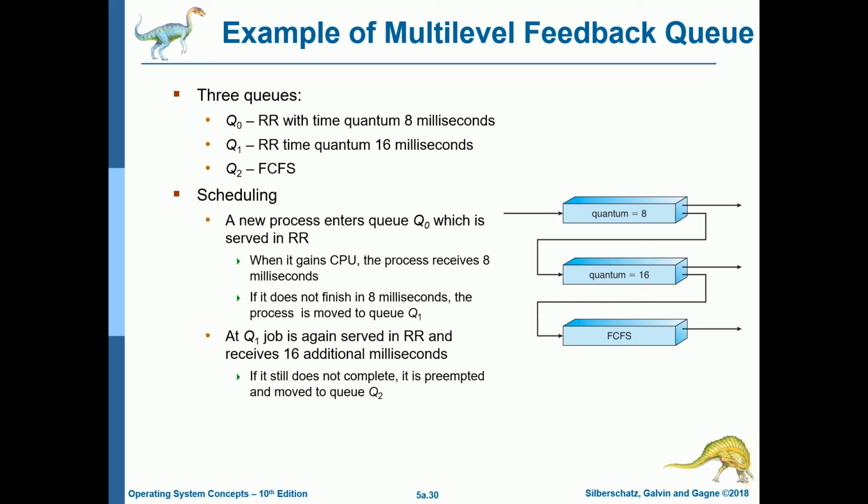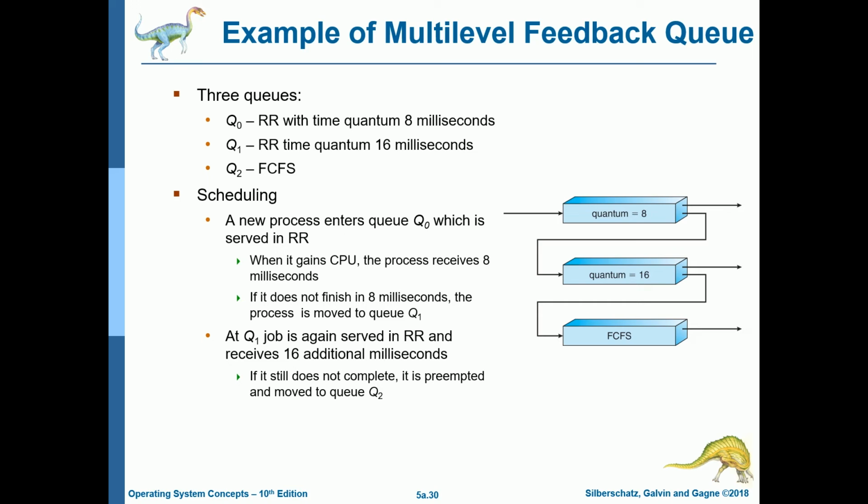Now let's assume an entering process is first put into queue 0. A process in Q0 is given a time quantum of 8 milliseconds. If it does not finish within this time, it is moved to the tail of Q1. In this way, we're demoting it. If Q0 is now empty, the process at the head of Q1 is given a time quantum of 16.